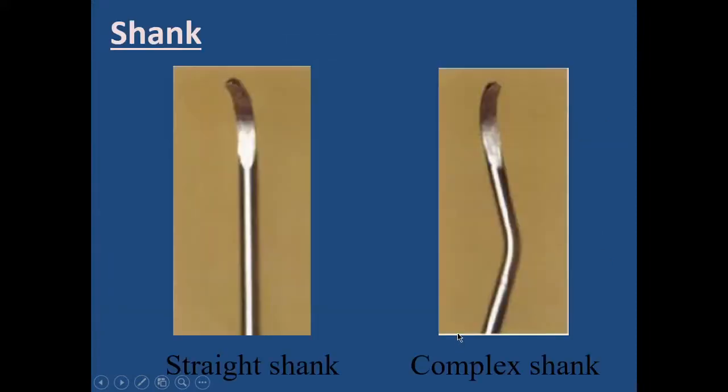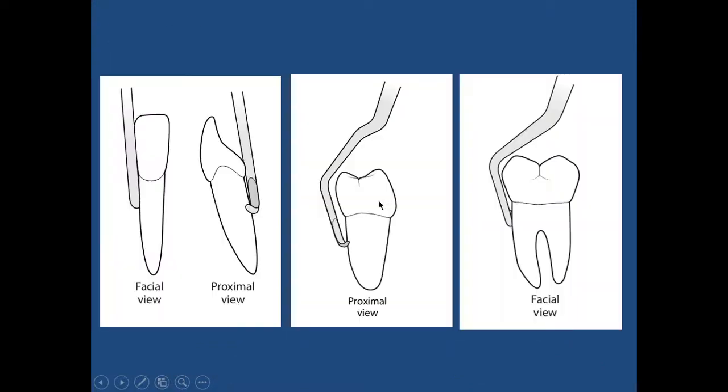The shank, you should know, can be a straight or simple shank, or a complex shank. We apply the straight or simple shank in the nearer areas, like the facial view and the proximal view of the anterior teeth.